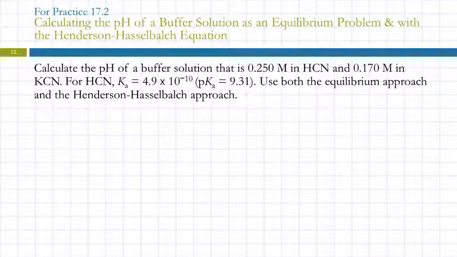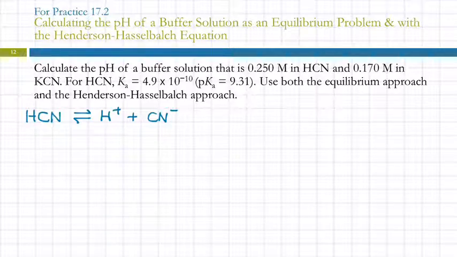So my chemical equation here, I've got HCN, and that's going to ionize and form hydrogen ion and cyanide ion. You can write HCN plus H2O is in equilibrium with hydronium ion plus cyanide ion. That's what's actually happening, but this is less writing and it's easier to look at, in my opinion.